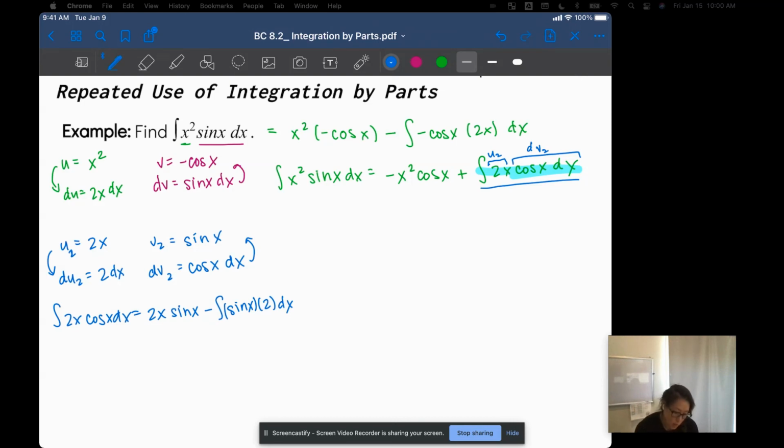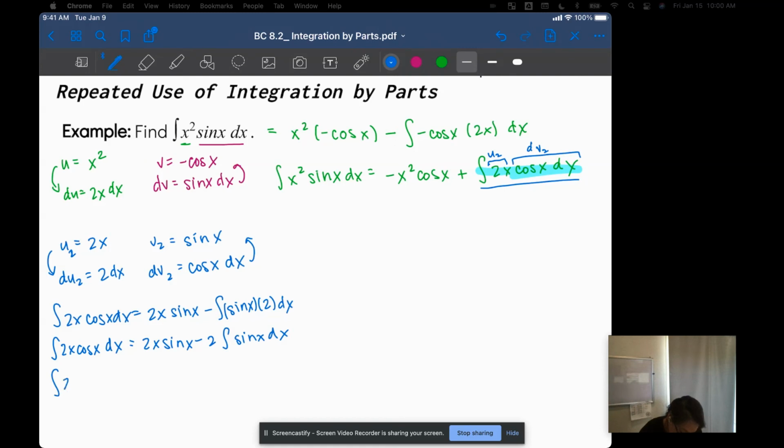And what I notice now is that I can take the integral: 2x sine x minus 2 times the integral of sine x dx. I can take the integral of sine, okay? The integral of sine would be negative cosine.